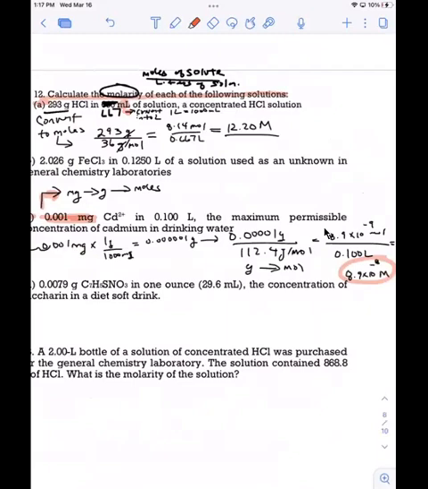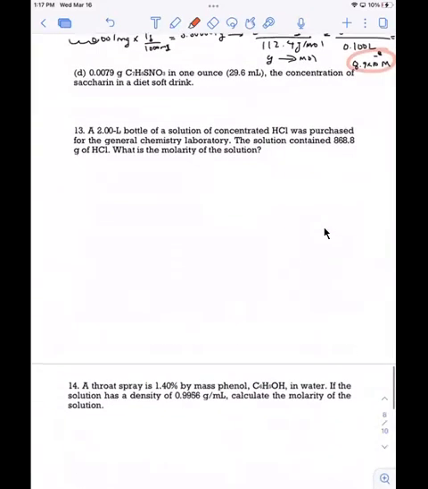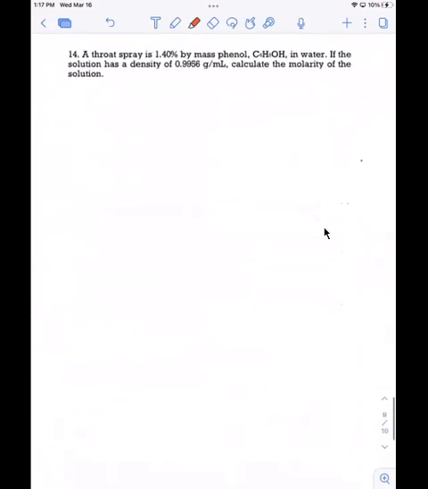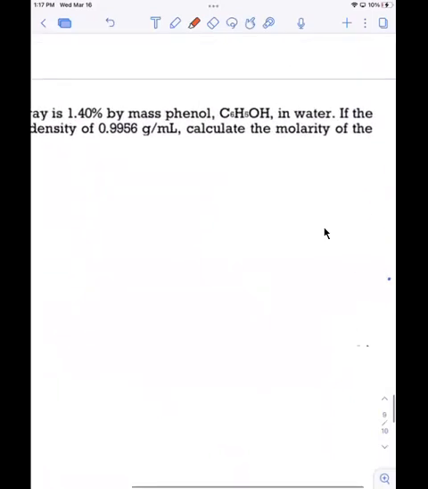All right, we're going to do one more of these, and it's going to be this one right here. It says a throat spray is 1.4% by mass of phenol. So this is phenol right here.